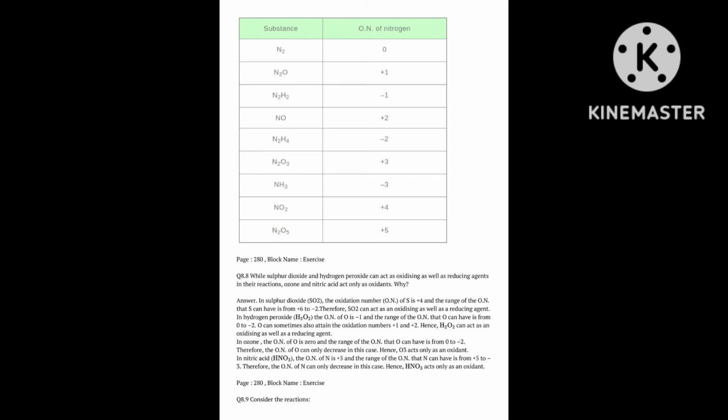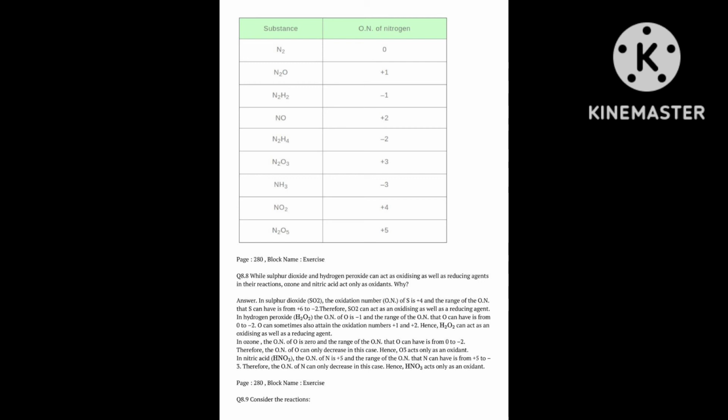Now easily you can write for MnO4 1 minus, Mn has plus 7, if you calculate. Bromide already has minus 1. In MnO2, Mn is plus 4: oxygen is minus 2 into 2, minus 4, equal to 0, so Mn is plus 4.